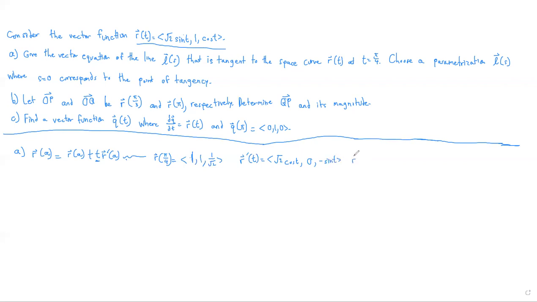R prime of pi over 4, sorry, I don't know why I said pi over 3, that was a quick slip of the tongue. Pi over 4, that would be equal to, so just plug this in. Root 2 cos pi over 4 is 1, 0, negative 1 over root 2.